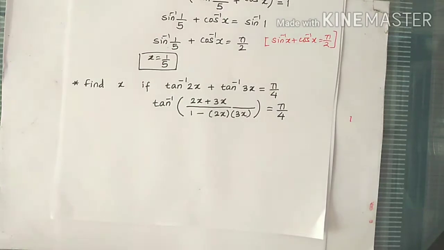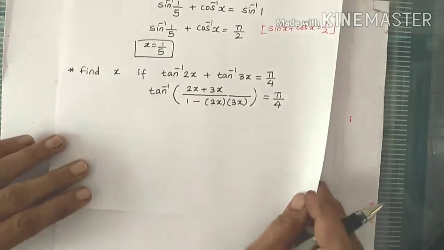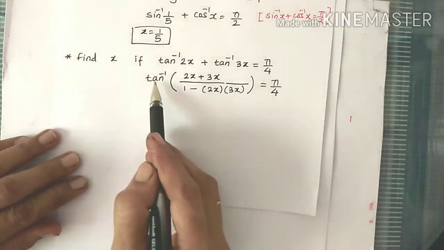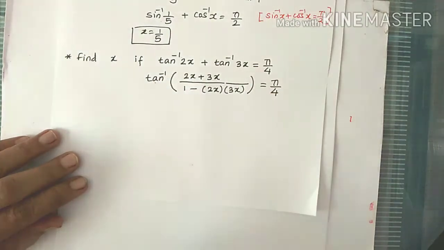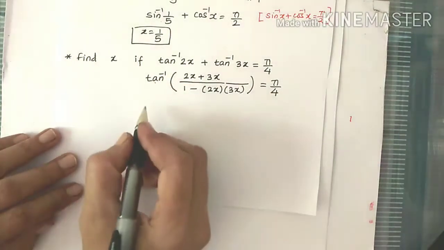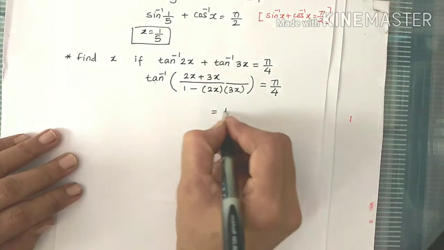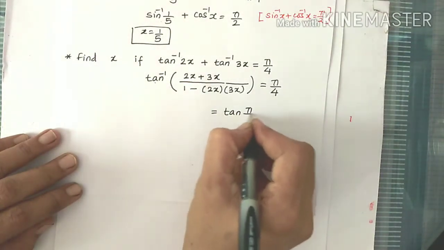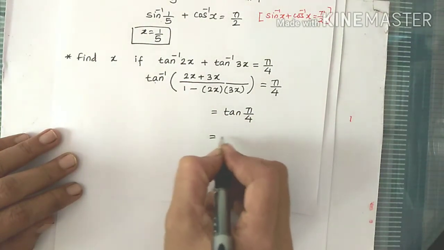Now to find the value of x, we don't want this tan inverse. So we can write this tan inverse on the right hand side, which will be tan of pi by 4. And tan of pi by 4, that is tan of 45, is 1.